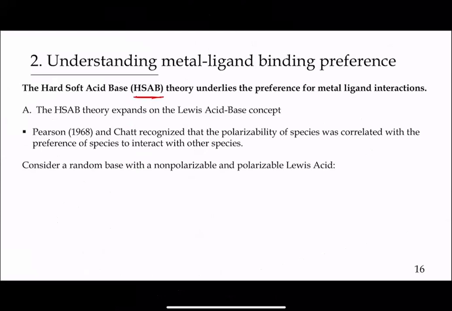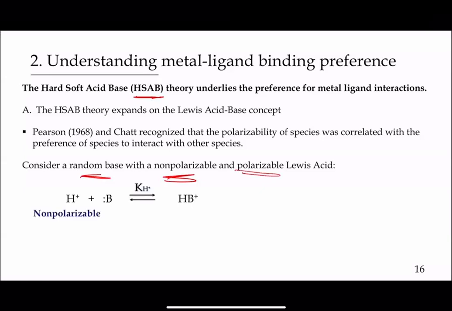So let's look at this concept. We're going to look at a random base and its interaction with something that is a non-polarizable and a polarizable Lewis acid. So here we're looking at a random base, which I'm representing with the letter B, with its corresponding electron pair. And I'm focusing on the Lewis acid H+, the proton. Very simple. The proton we know is small, and we know that it's going to be quite localized, so that's going to be non-polarizable.